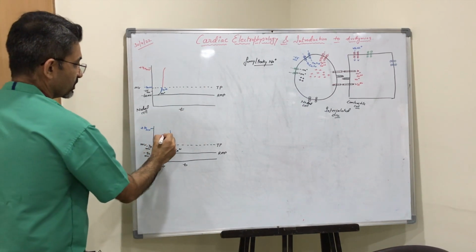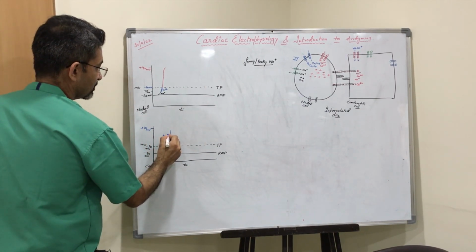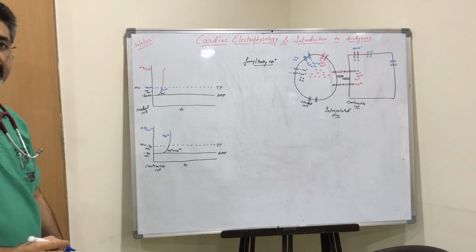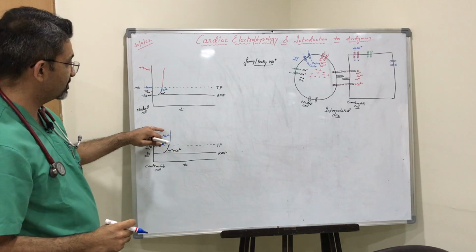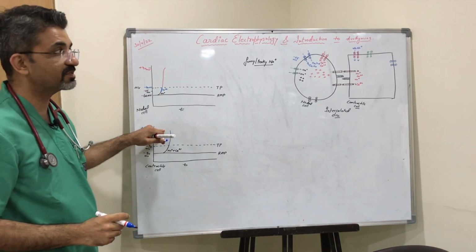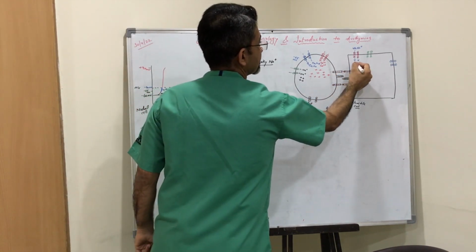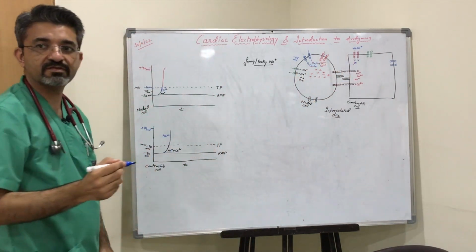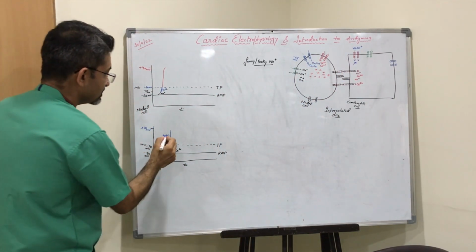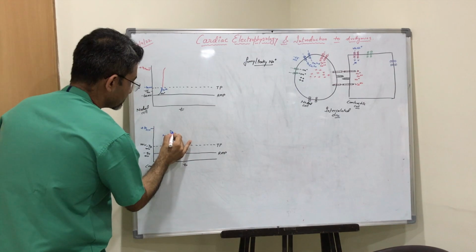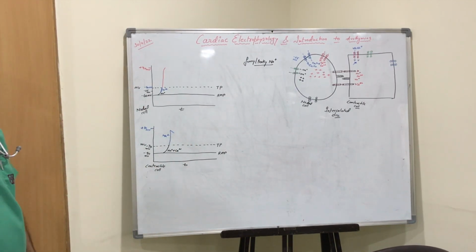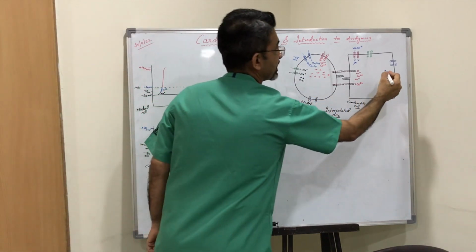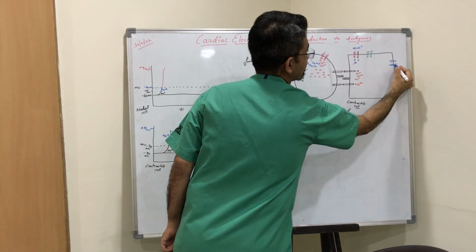This is due to voltage gated sodium channels. The moment they open and the action potential reaches 10 millivolts, they shut down immediately. There is a bit of a fall, and we have outflow of potassium ions.